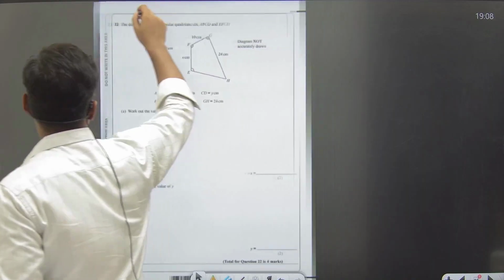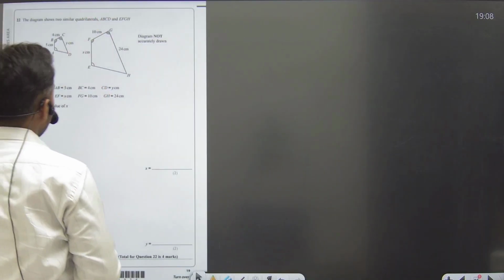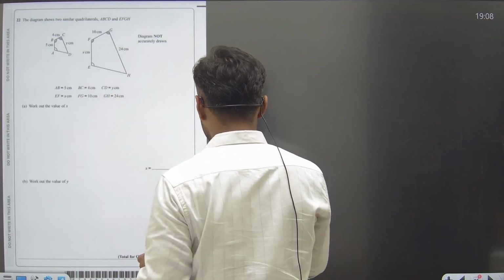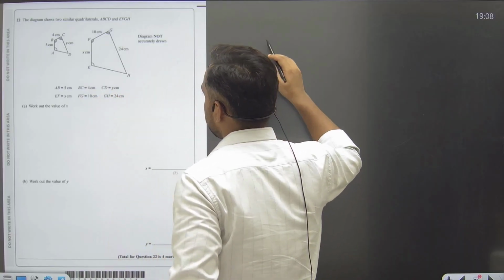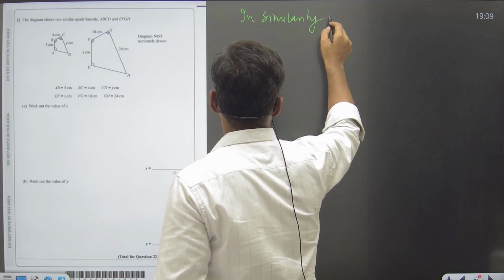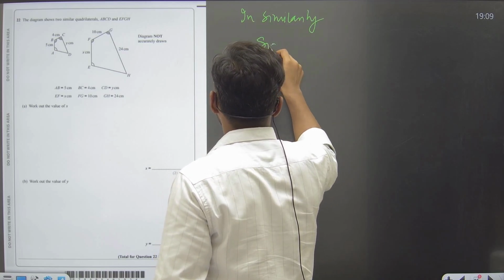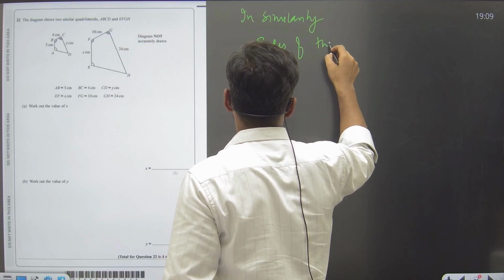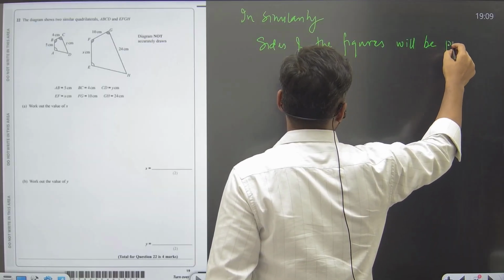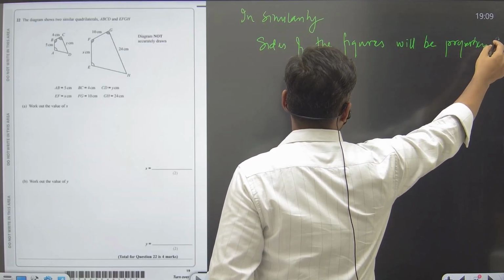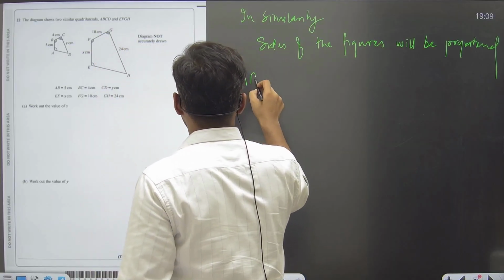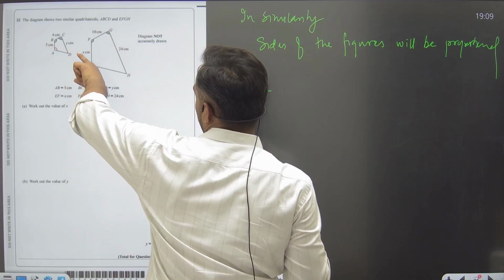The diagram shows two similar quadrilaterals ABCD and EFGH. AB is equal to 5, BC 4, CD Y. We know that in the similarity condition, the sides of the figures will be proportional. So here we can easily say that AB is the corresponding side of EF.